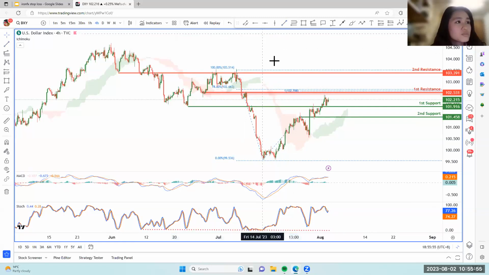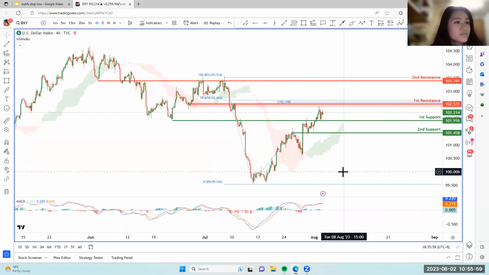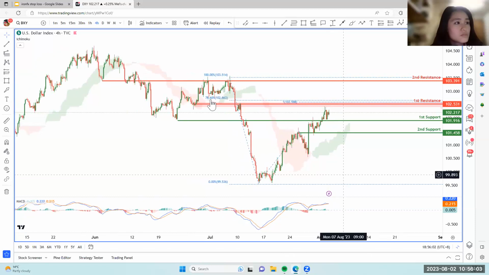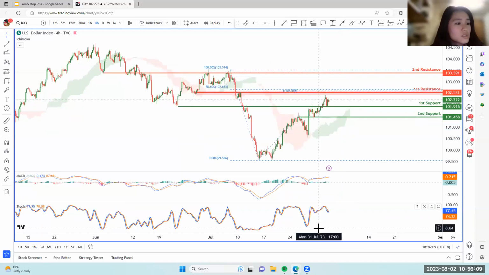Let's maybe take a look at stochastic as well. Stochastic is pretty bullish as well.